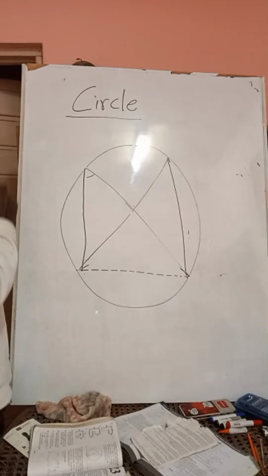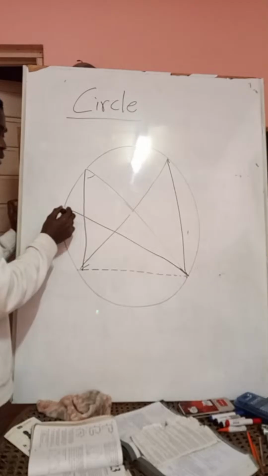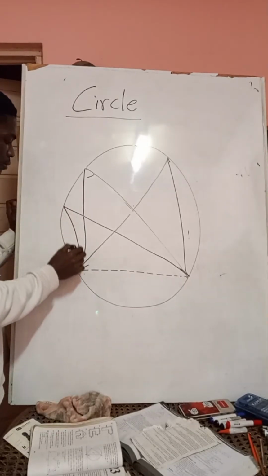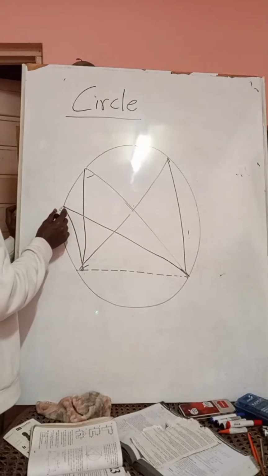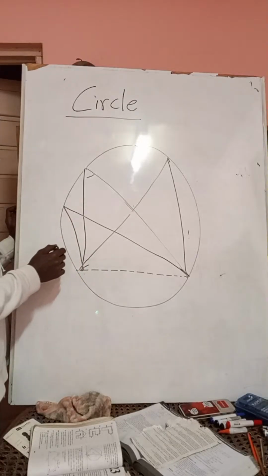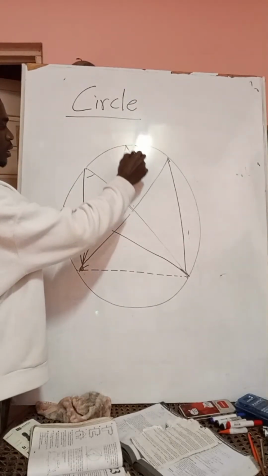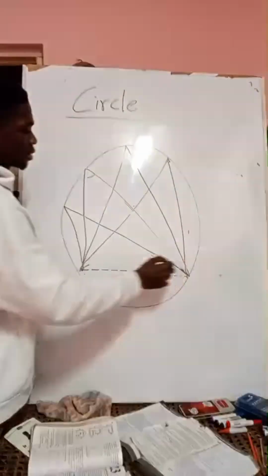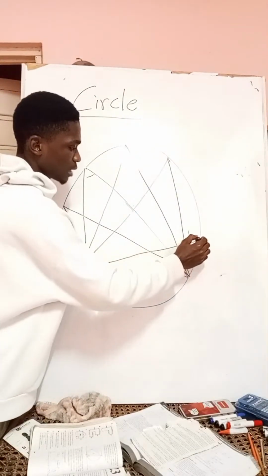Even if it moves from here to here, it's the same, because the tip has touched the circumference. Even if it's small, it still touches like this.